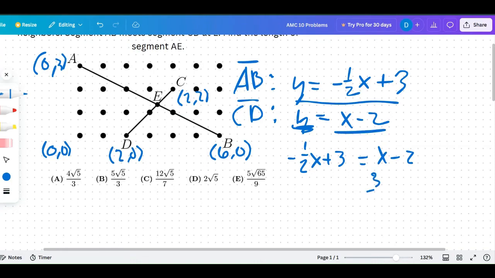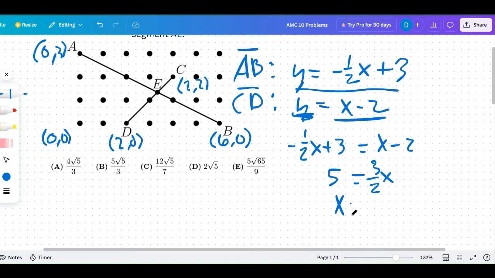Then we solve: move the x's to one side and the constants to the other, and we find that x is equal to 10 over 3. I don't know why my pen stopped working. My pen's not working today. There we go.